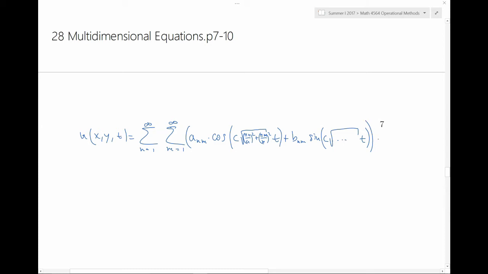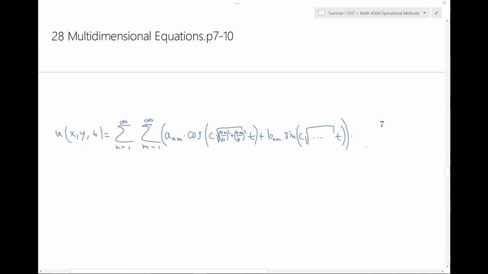Now the whole thing will be multiplied by sine of pi n x over a times sine of pi m y over b.